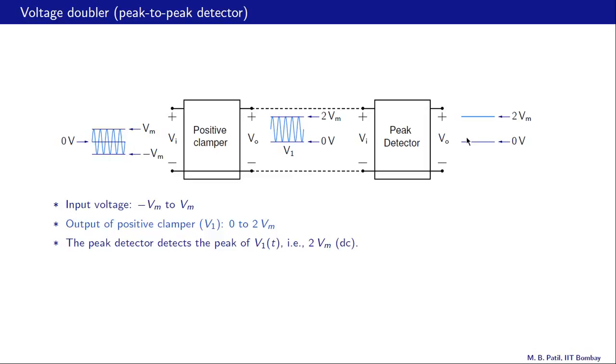So in other words, from a sinusoid going from minus Vm to Vm, we have generated a DC voltage which is double the amplitude, so 2 times Vm, and that's why this combination is called a voltage doubler.